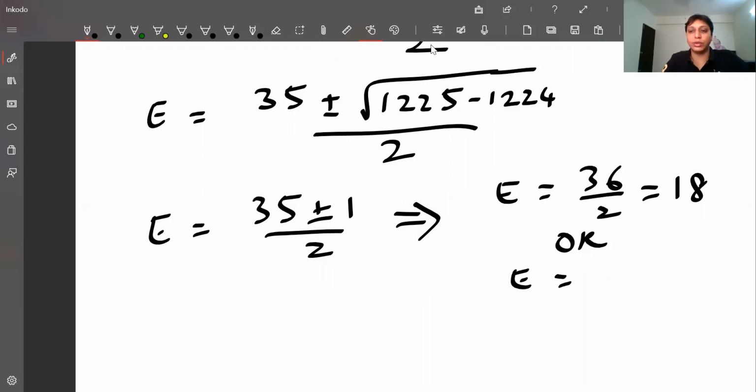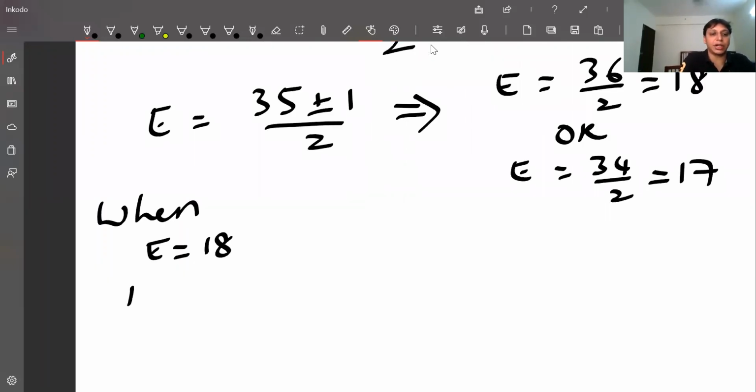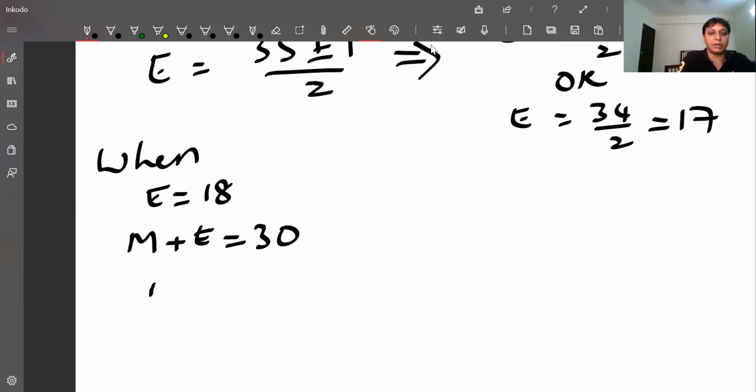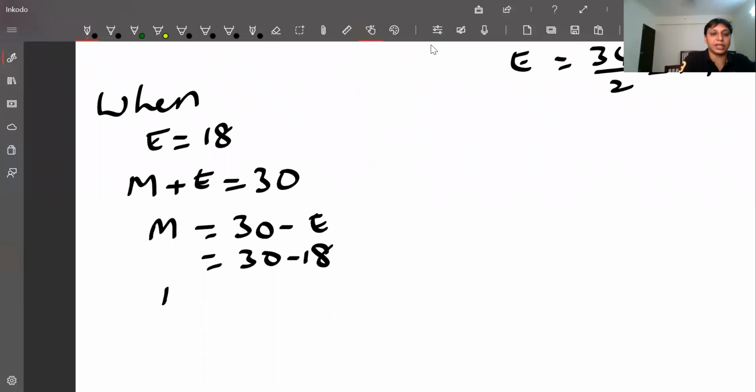So there are two values of E. When E is equal to 18, and we understood that M plus E equals 30 according to equation 1, M will become 30 minus E, so 30 minus 18, and the value of M is 12.